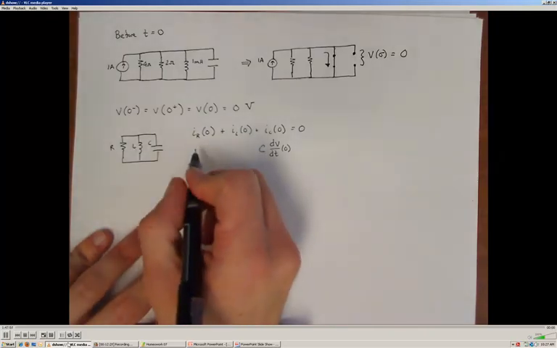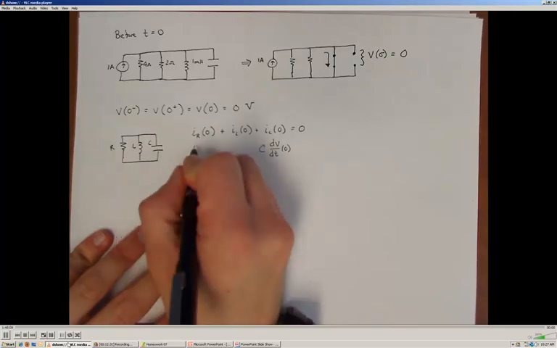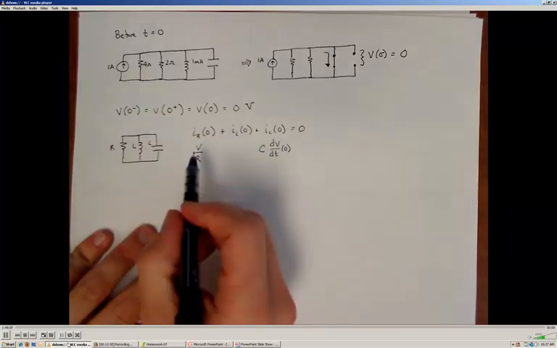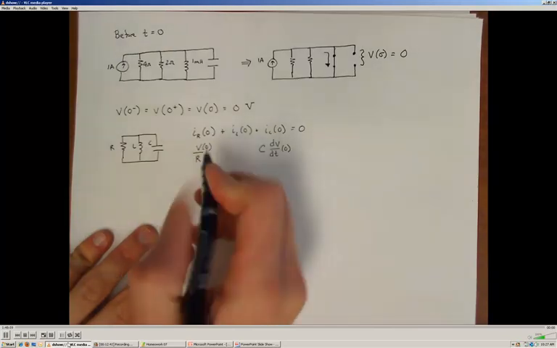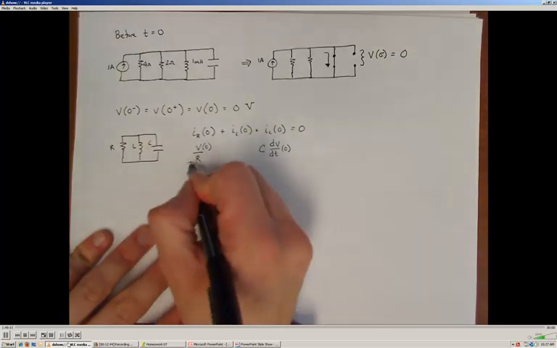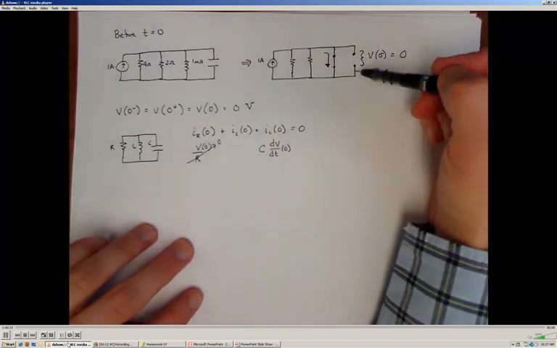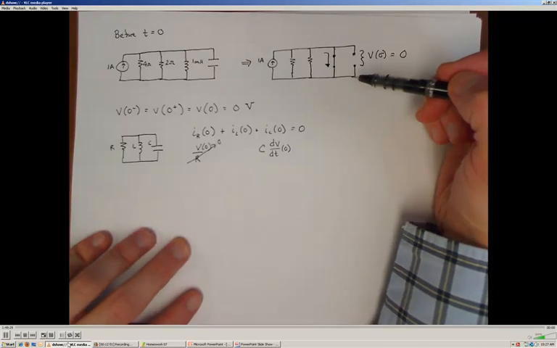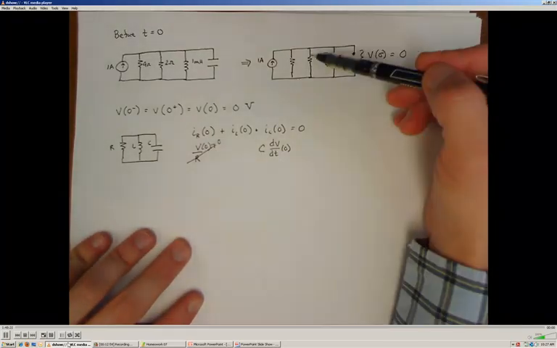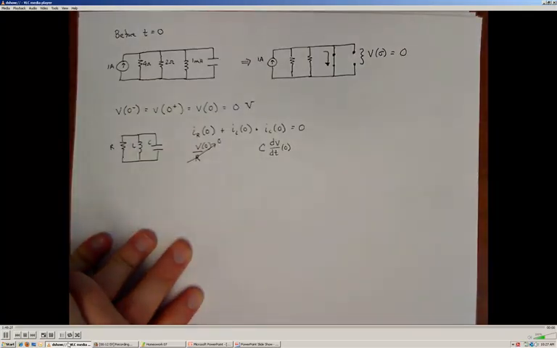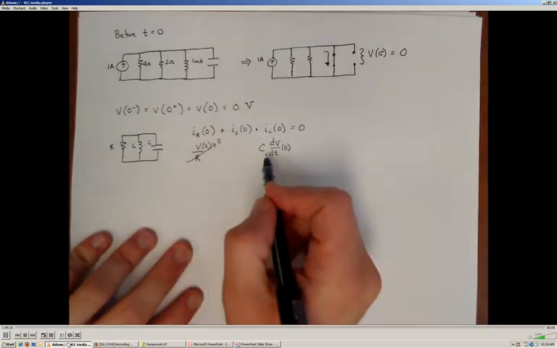So the relationship for the resistor is V over R, but at time equals 0 the voltage across the resistor is 0, so that term is going to turn into 0. Since the capacitor can't change the potential across it instantaneously, there's going to be no current flowing through this 2 ohm resistor at time equals 0. And that leaves us with how much current is flowing through this system at time equals 0.